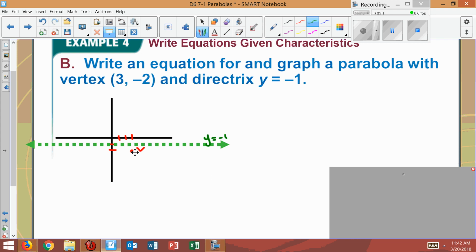Now, if that's my vertex and that's my directrix, the parabola will open the opposite way. And not only that, if there's 1 unit between the vertex and the directrix, we know there's going to be 1 unit between the vertex and the focus. So that'd be my focus there, and we could draw a parabola. If that's 1 unit, it'll be 4 units wide at that point. So if I went 2 to the left, I'd have a point, and if I went 2 to the right, I'd have a point.